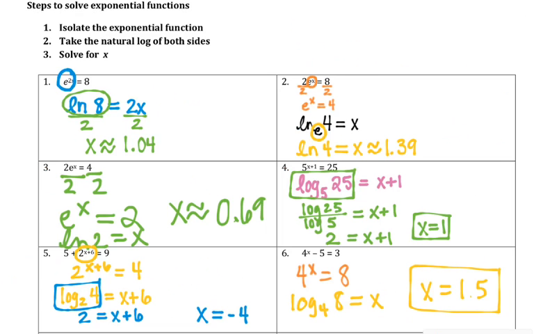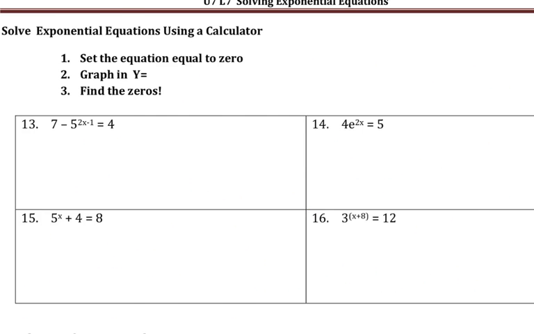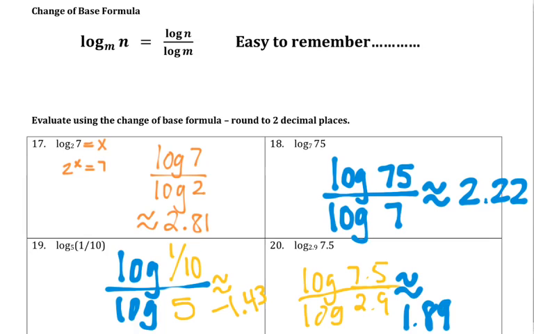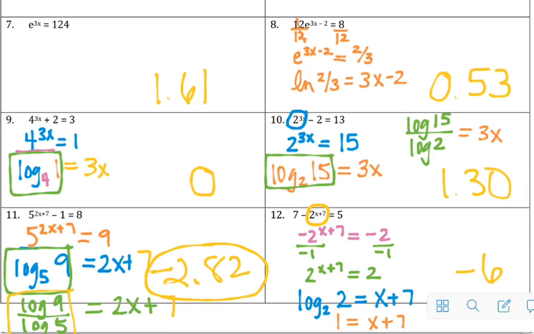Or remember what we did over here? How could I do this problem like that? Would it be log 4 and log 3, divided? It's going to be division, but log of something else. Log of what divided by log of what?